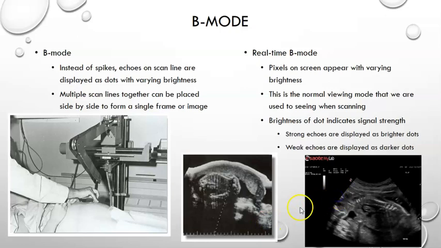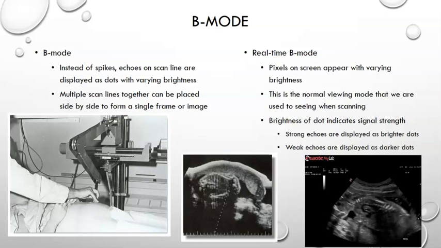Anyhow, with real-time B mode, the pixels appear on the screen with normal brightness, and this is the viewing mode that we're used to seeing when we're scanning today.